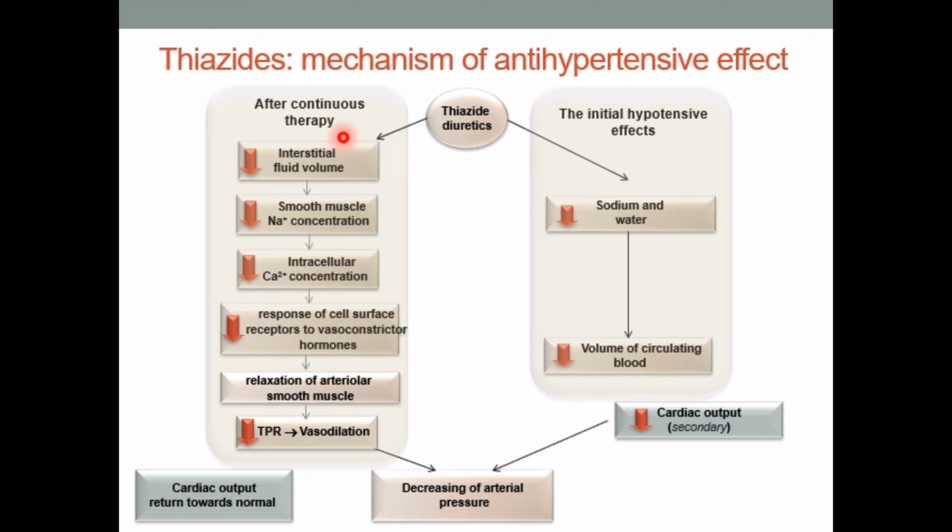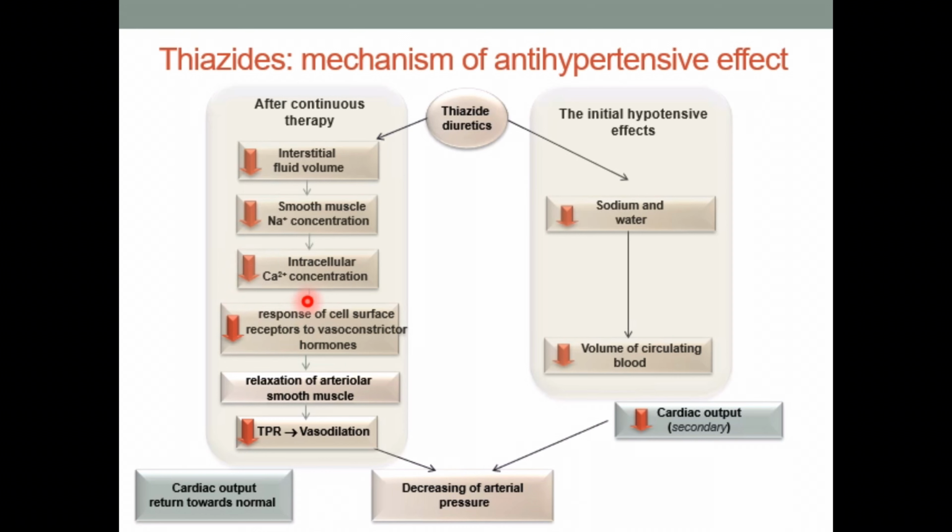There is a reduction in the interstitial fluid volume, and that will lead to a reduction in sodium concentration in the smooth muscle of the vessels, and also a reduction in the calcium concentration in the smooth muscle of the vessels.